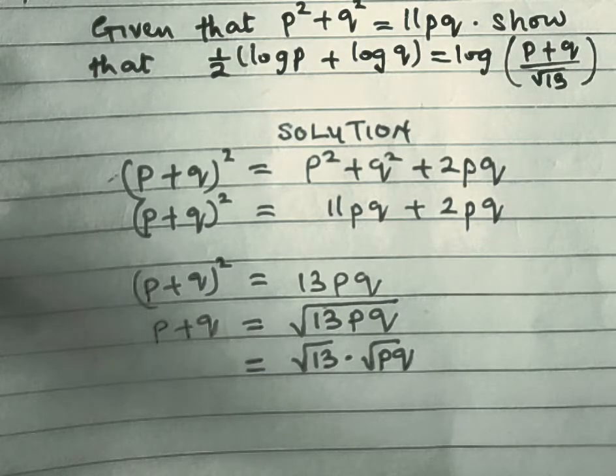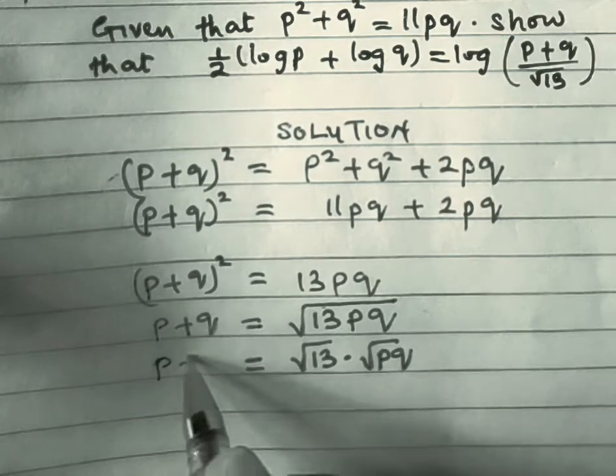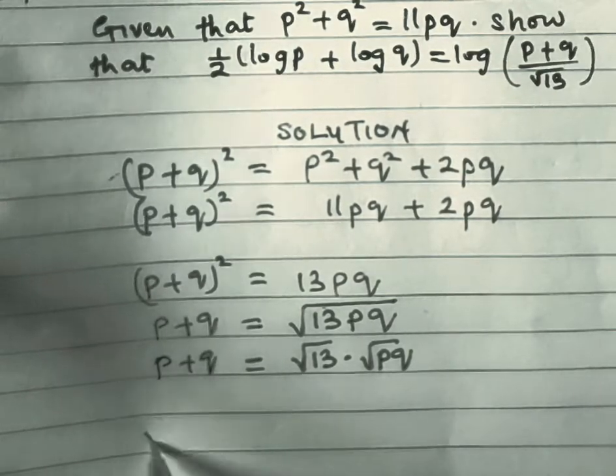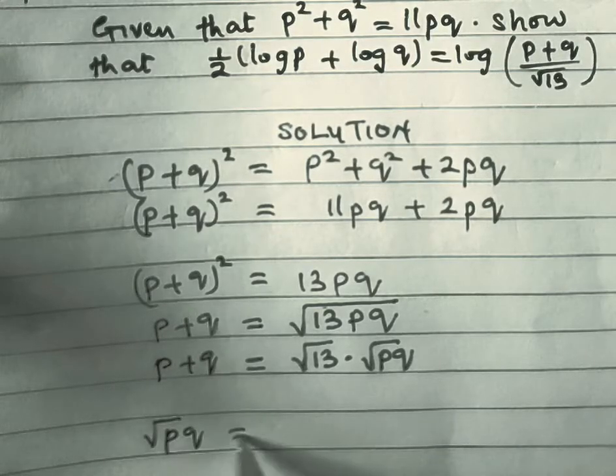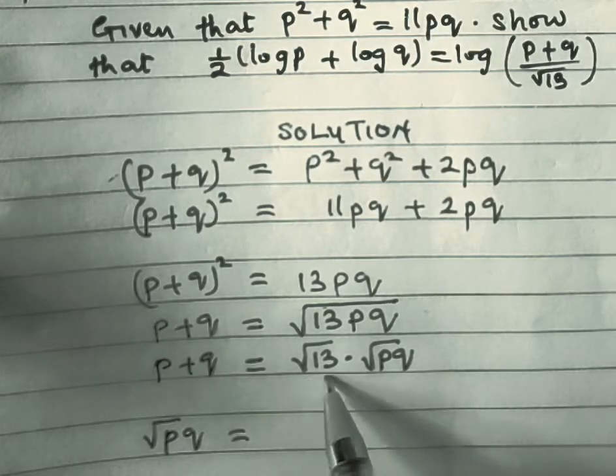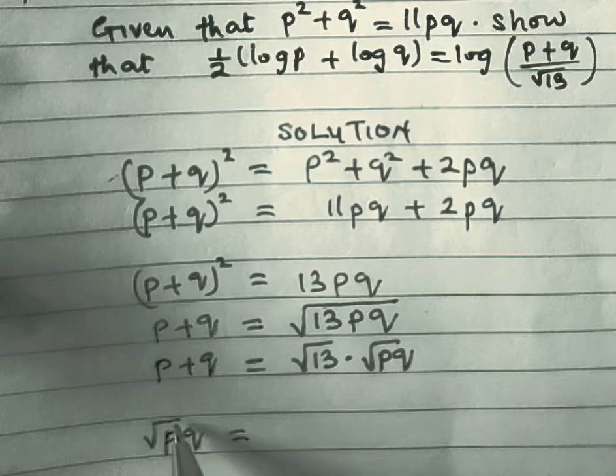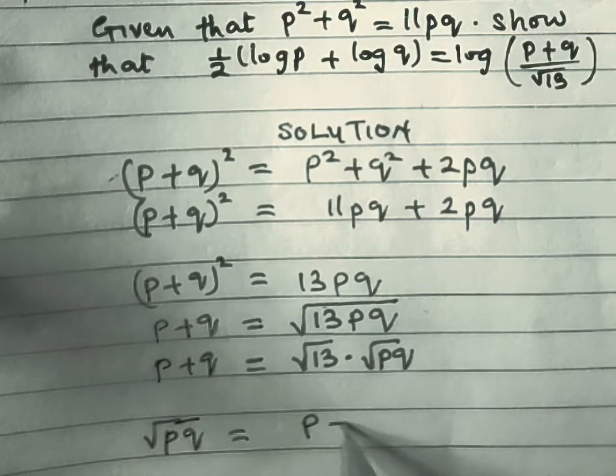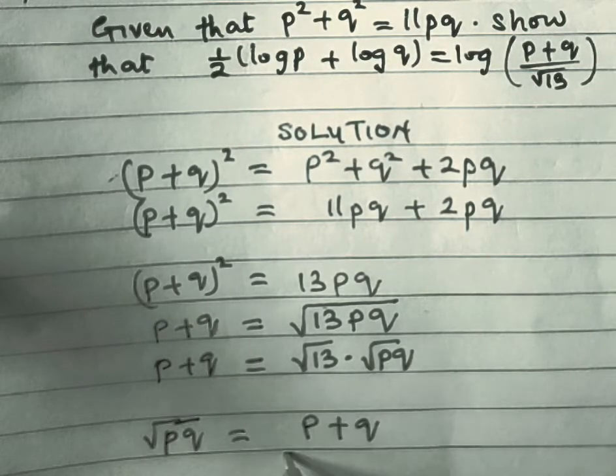From here, we can make root pq the subject of the equation. That is, root pq equals, we're going to divide both sides by root 13. So root pq equals p plus q over root 13.